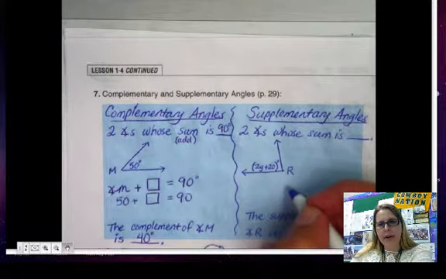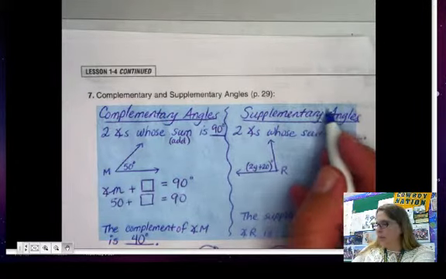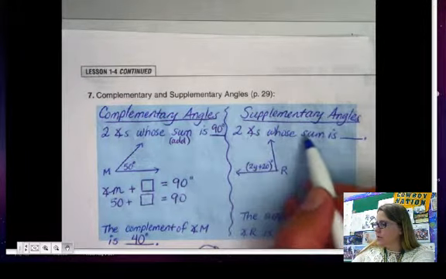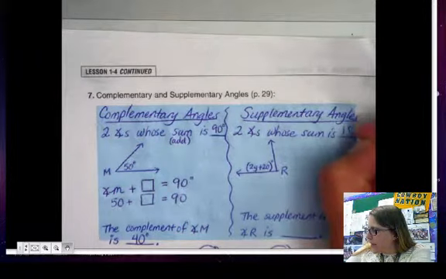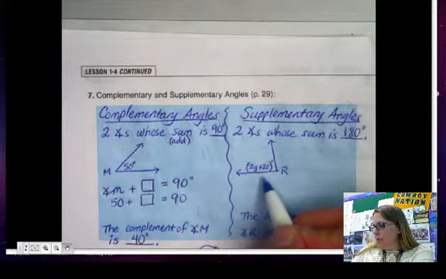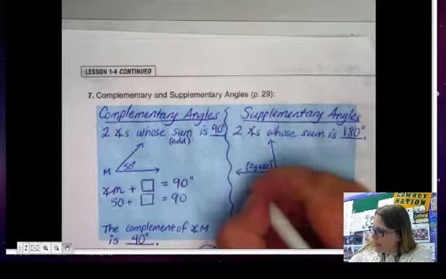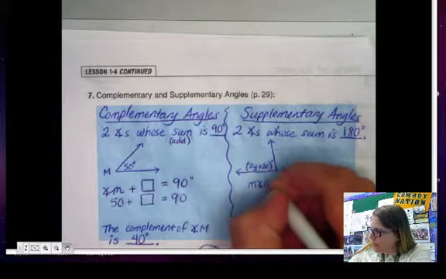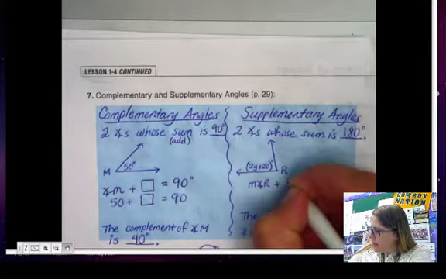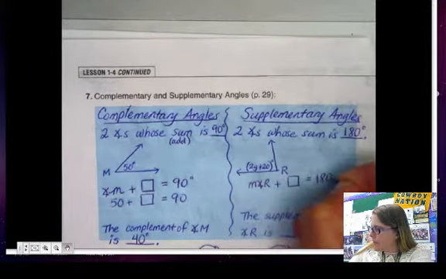Okay, over here for angle R, with supplementary angles. Supplementary angles are two angles whose sum is 180 degrees. So supplementary angles add to 180. That means I could say the measure of angle R plus some angle, which we're trying to find, equals 180 degrees.